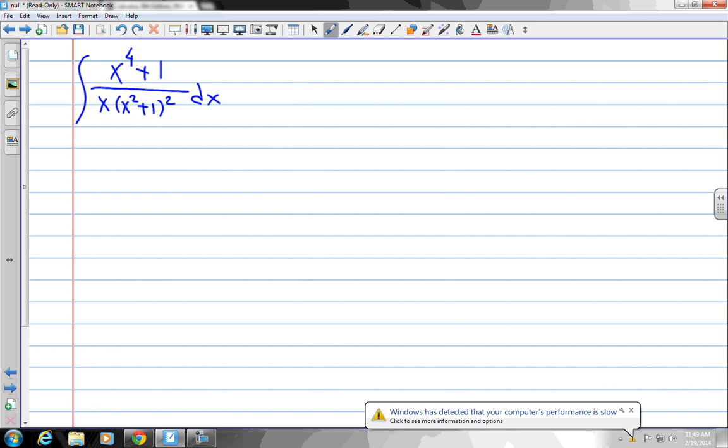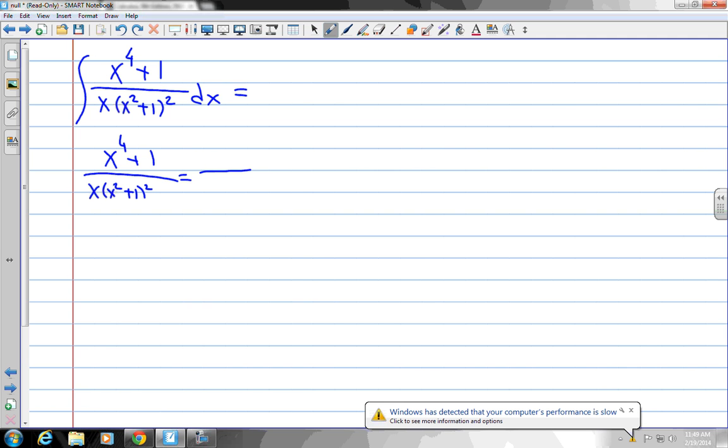But why would I want to do that? Well, but then I'll have to factor it out. If I put it back in, it will have to go in as a square root of x, right? Because of the square. But anyway, this is already factored, so it's x to the 4th plus 1 over x squared plus 1 squared.